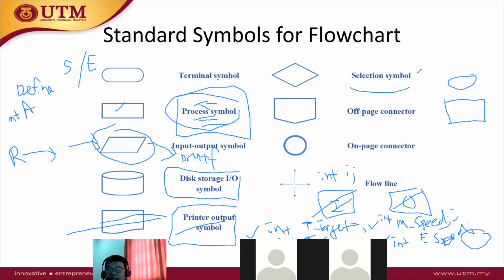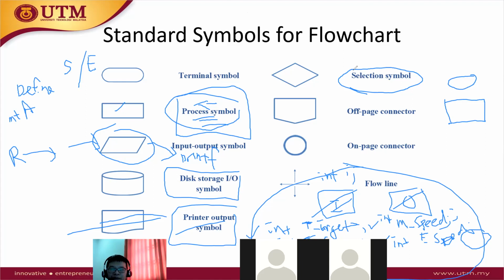Then you have process like selection, right? What can give example of selection in this case? Motor control or the aircon control. What kind of steps or process involve the selection?